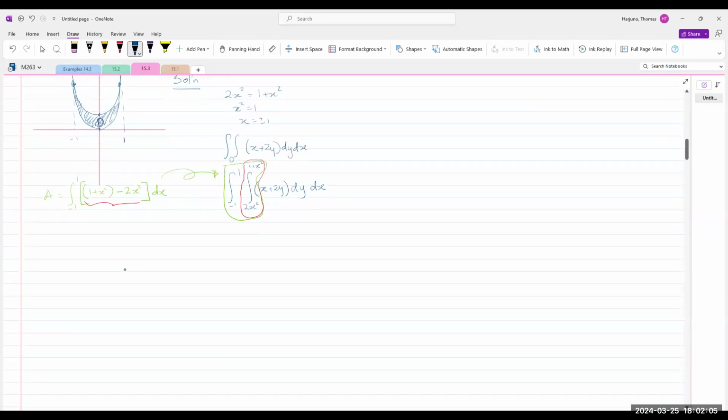Once you are done setting up the integrals, everything from here is just computation. So we will integrate with respect to y first, then I will get xy plus y squared from 2x squared to 1 plus x squared dx. Substitute.